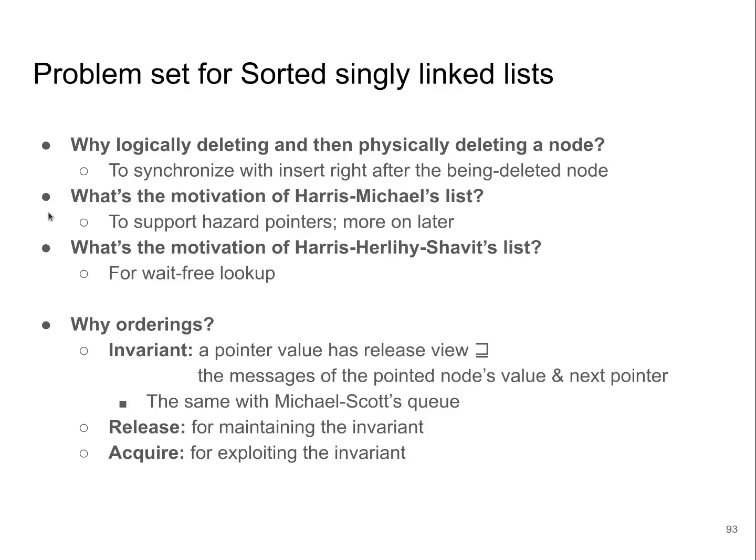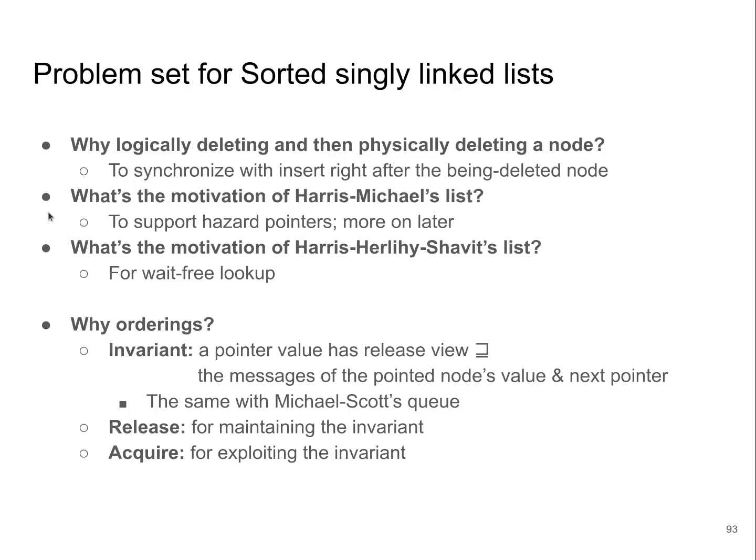So you can think that Harris's list might be faster, and it is indeed the case in our benchmark. Then what is the motivation of Harris-Michael's list, which unlinks only one node at a time?